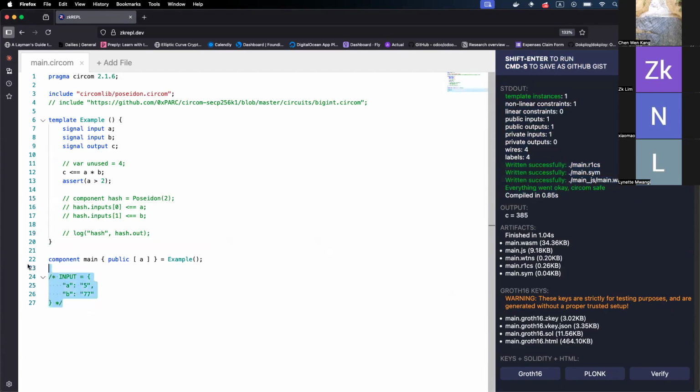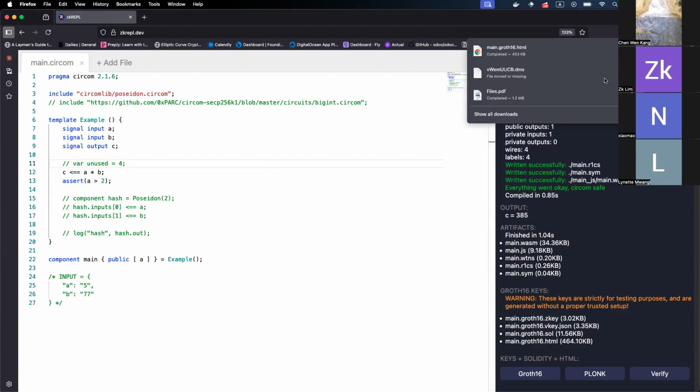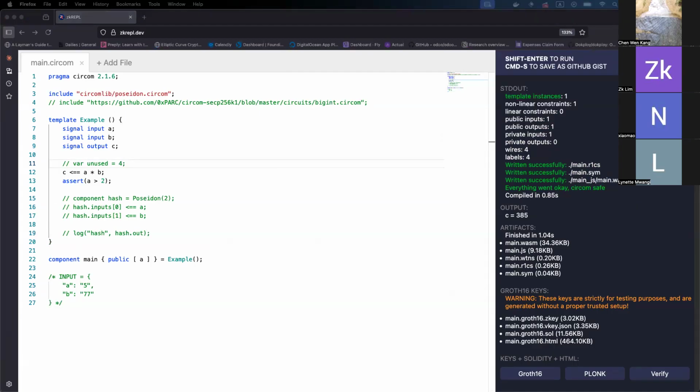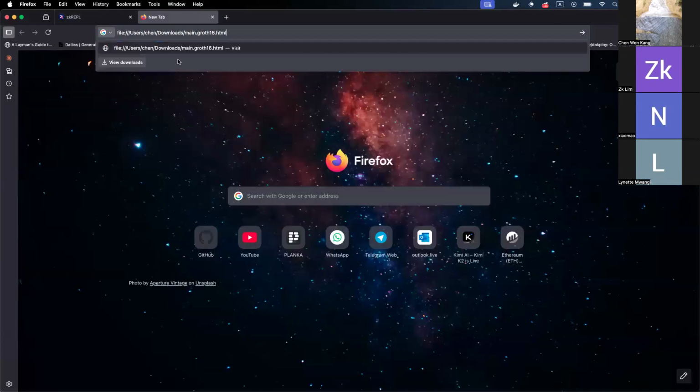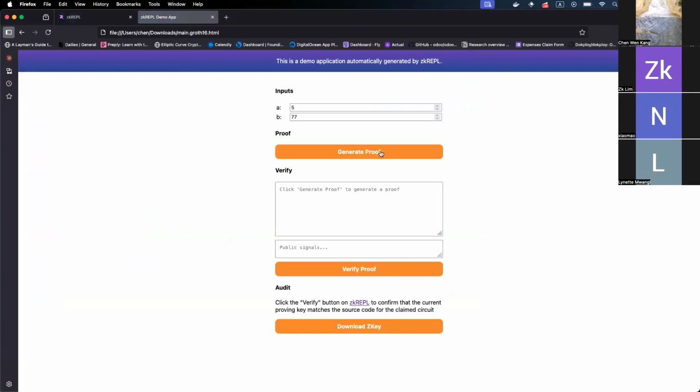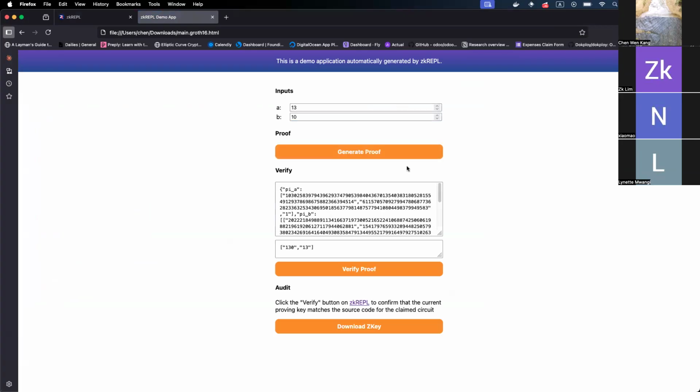It doesn't really matter what these are; I can change this. But let's say I deploy it somewhere, and I want a different value, let's say 13 and 10. And I generate the proof. So it's 130. In this case, this will be the prover stage.